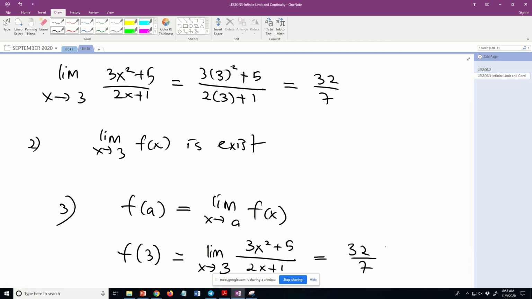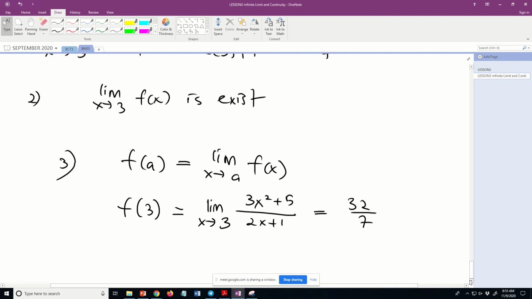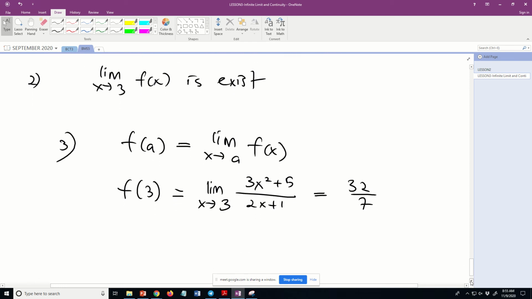If you get a fraction, it is very good, more exact. So the last condition, condition 3, is also satisfied. Based on these three conditions applied, it is okay.